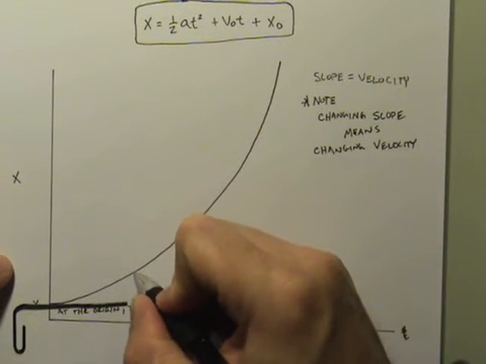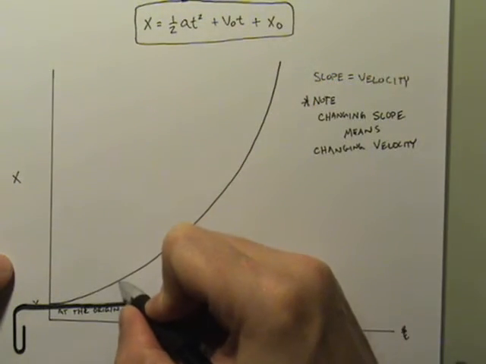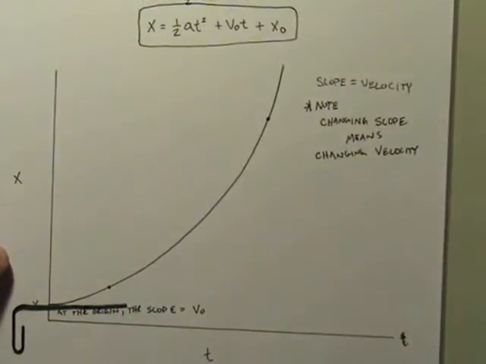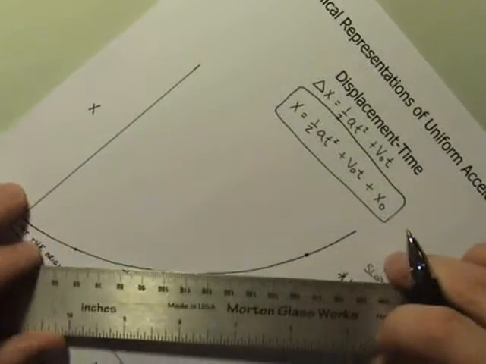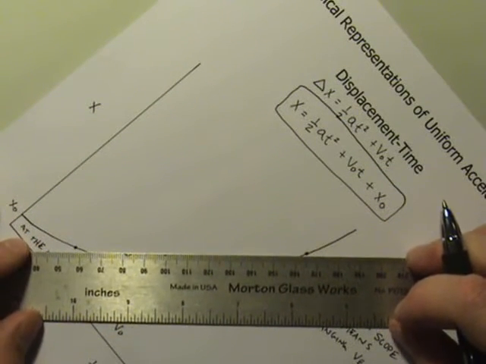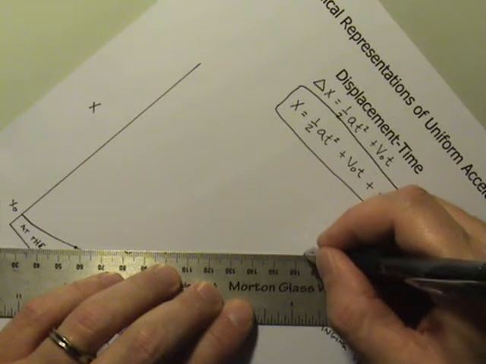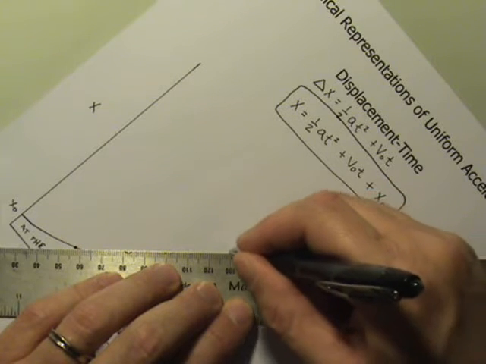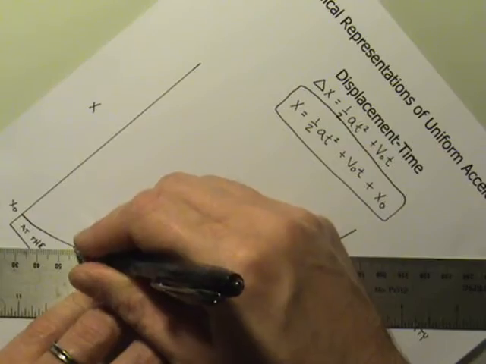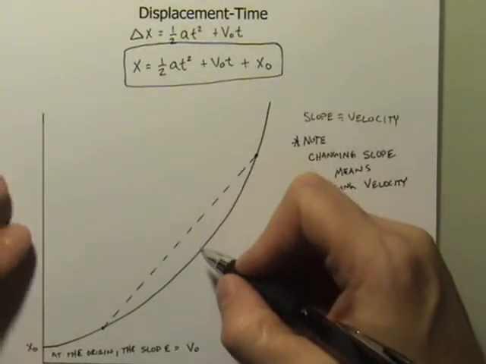So you can imagine that if I have a point here and a point here and I connect those two, this would only give me the average velocity. So let me pick 2 points and let's connect those with a straight line. Now I could use those 2 points to make a velocity calculation.